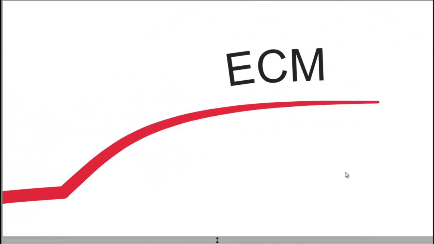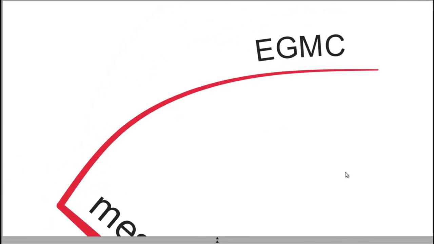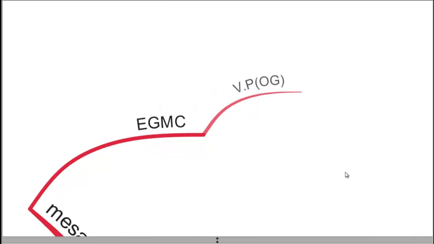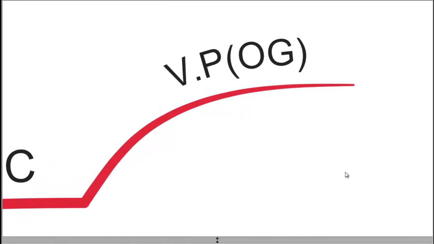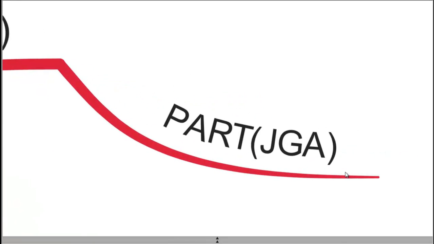The second thing is that they synthesize extracellular matrix. There are also extraglomerular mesangial cells. We find them outside the glomerulus, at the vascular pole, which is part of the juxtaglomerular apparatus.